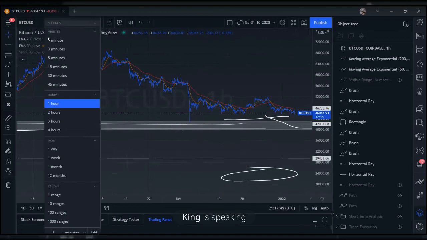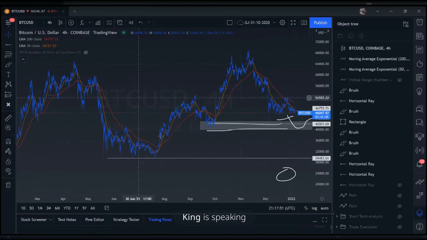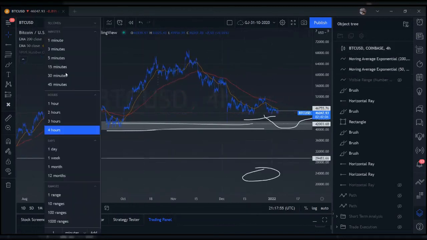Higher time frames are more significant and can be used for larger swing trades. As you go up, you can see the distance of the 200 EMA getting further away from price.